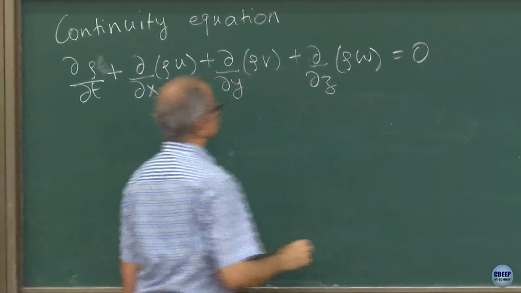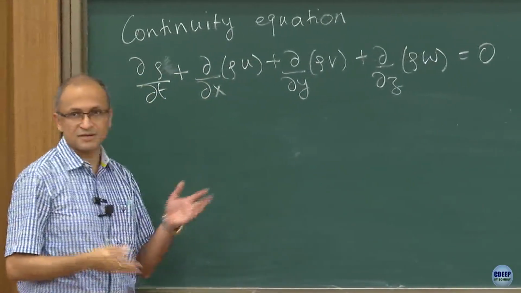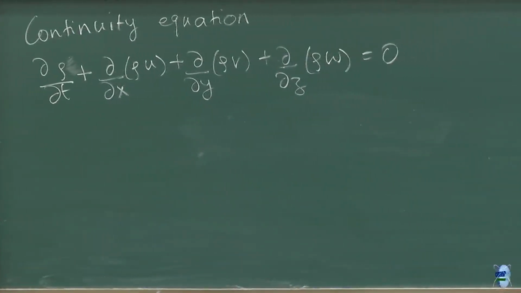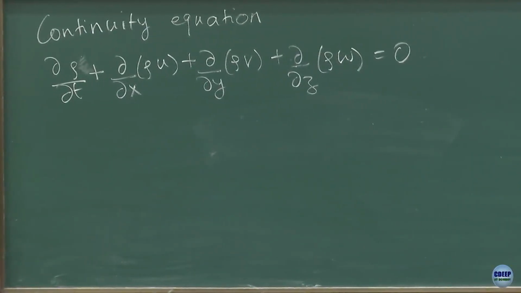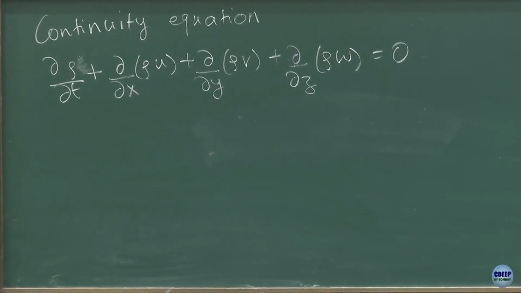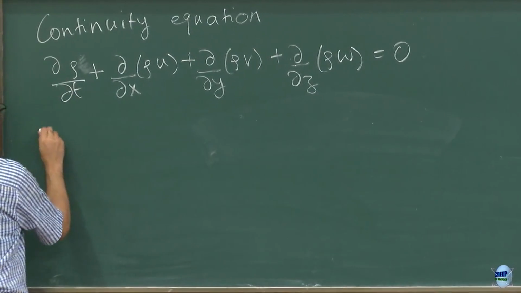Let me make another generic statement: sometimes we do our derivation in 2D, but we may write the third term, the term in the third direction, and sometimes we may just omit it. You have to understand the context, and if you're not clear, you can raise your hand and get it clarified.